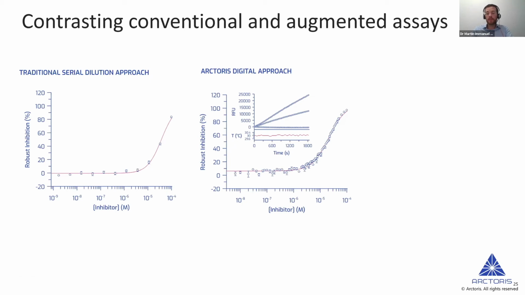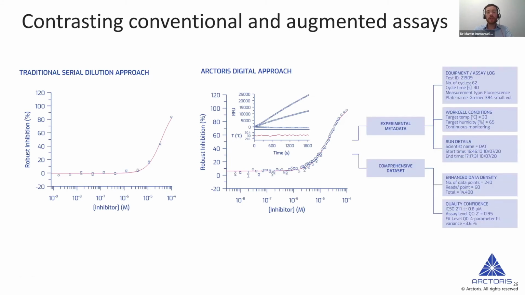At the same time, we also get a range of additional metrics: experimental metadata, for example, timings, work cell conditions, details for that specific experimental run. And we're also getting all the benefits of quality that comes from having lower standard deviations, greater precision, greater accuracy. So we can really see that there is a tremendous difference between a manual experiment and something that was generated using a machine.